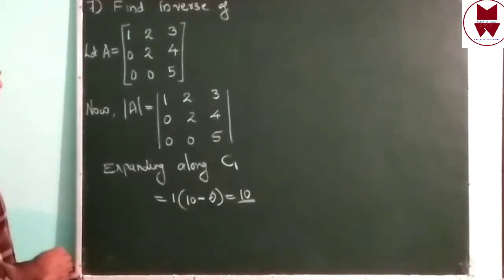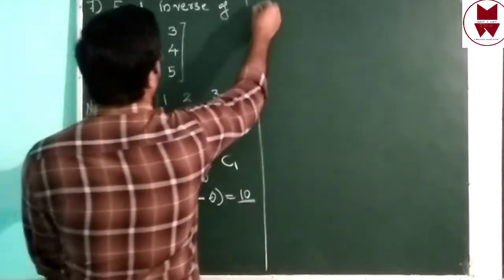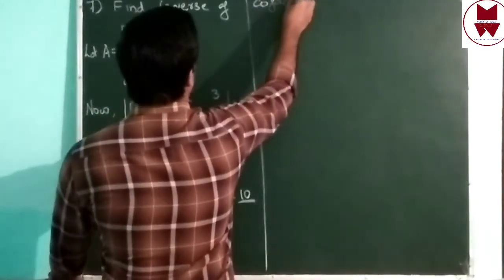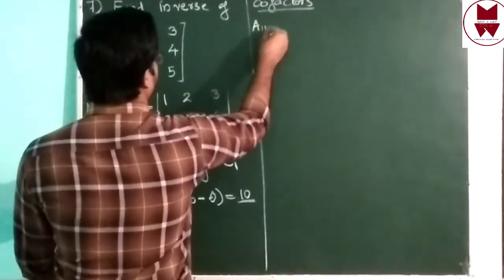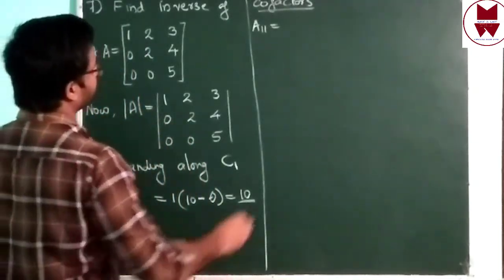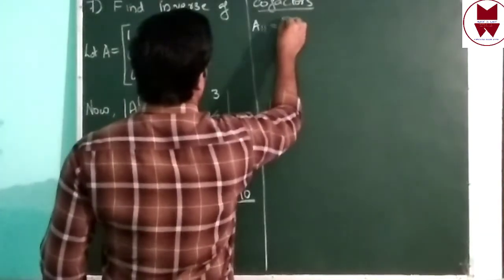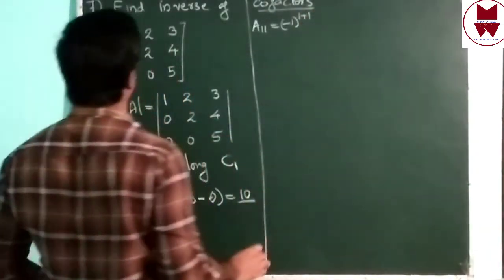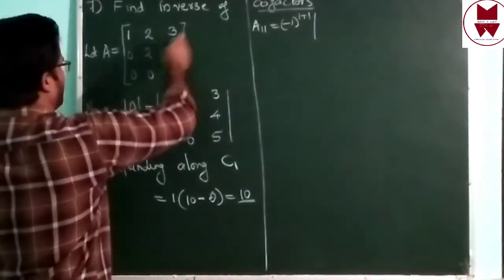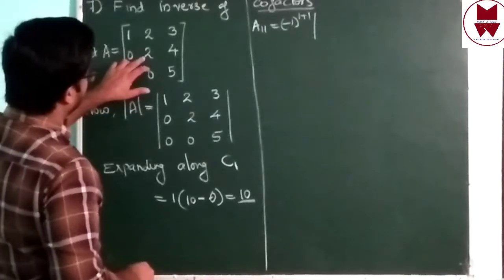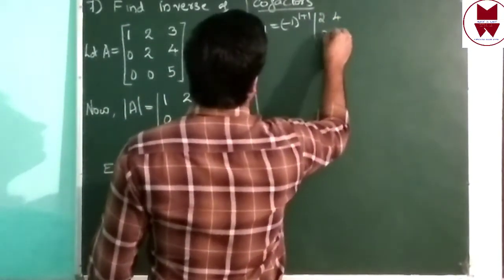Then all cofactors we have to find out. Cofactors, first A11 equal to minus 1 all raised to 1 plus 1, determinant of the remaining matrix after deleting first row and first column, 2 4 0 5.